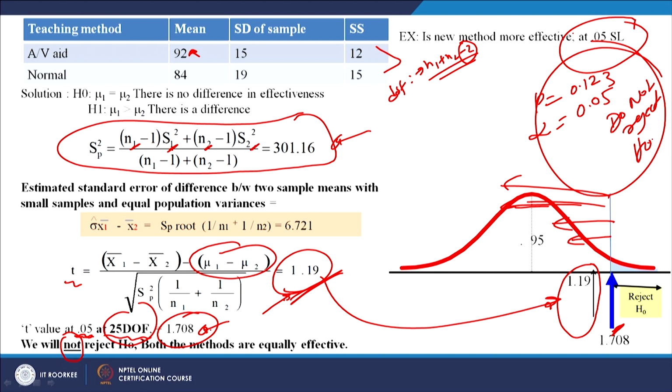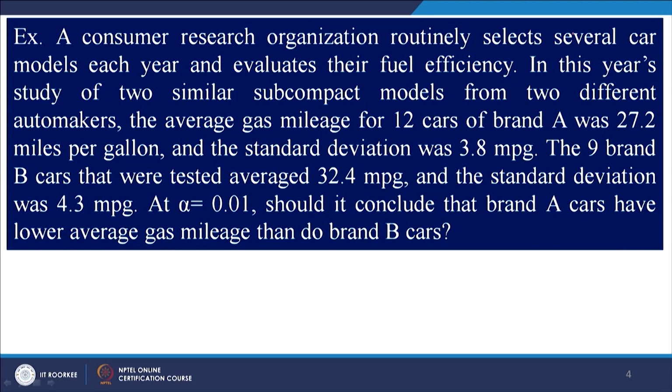Let us look at one more question. A consumer research organization routinely selects several car models each year and evaluates their fuel efficiency. In this year's study of two similar subcompact models from two different automakers, the average gas mileage for 12 cars of brand A was 27.2.